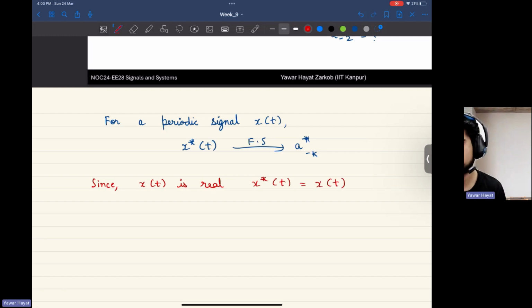Because for a real signal, taking the complex conjugate gives us back the original signal, because it's real. Imaginary part is zero.